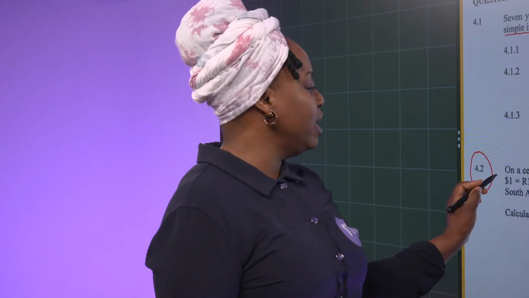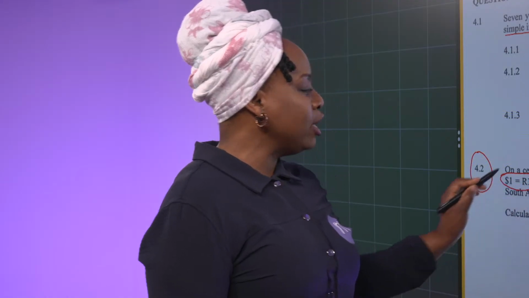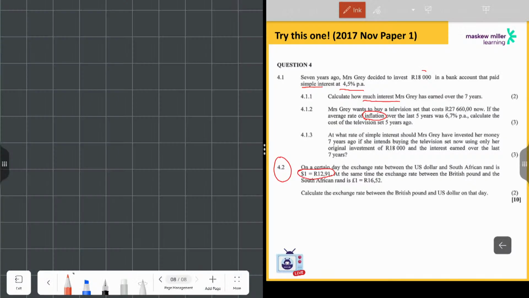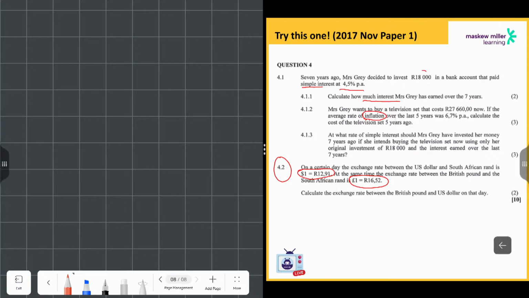By that time, it was saying $1 is 12 Rand 91 cents. But today, it has changed. The same applies to the euro. If you check today, it has changed. But for practice purposes, because we want you to know how to calculate, not necessarily how much it is today, we allow you to go on and use these particular figures.